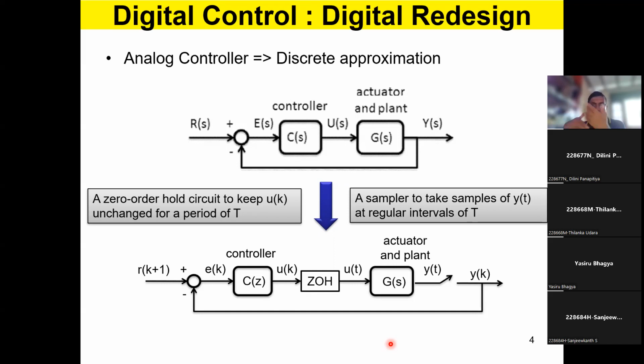Then we need to convert our controller that we normally design in MATLAB and using other tools in continuous time into discrete time. And when you practically implement the discrete time controller on the continuous plant, you use zero order hold, and the sampling.